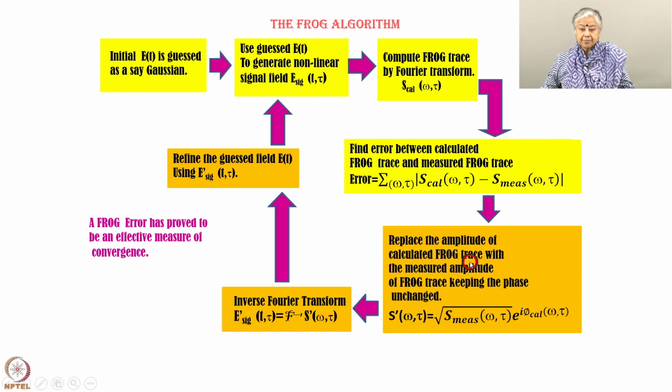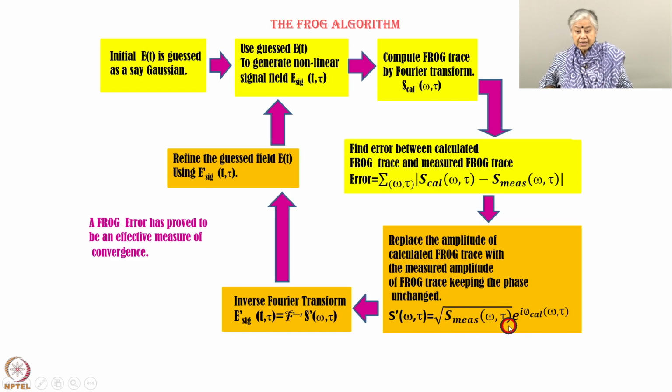Now, replace the amplitude of the calculated FROG trace with the measured amplitude of FROG, keeping the phase unchanged. Now, I have a new FROG trace or new spectrogram, which I call S dash(omega, t), and that is the square root of the measured one. I take the root of this because it is the intensity and here I am taking the field.